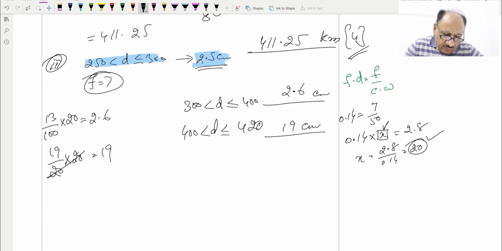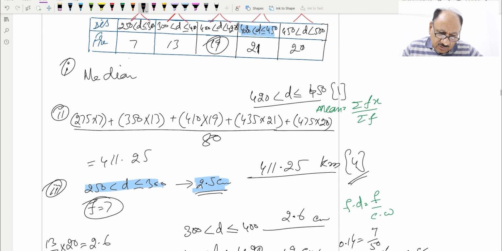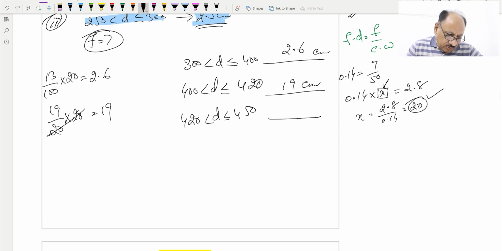The third one they are asking is 420 to 450, and the frequency for this one is 21.